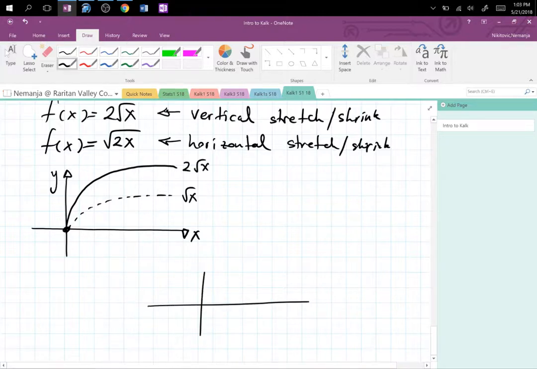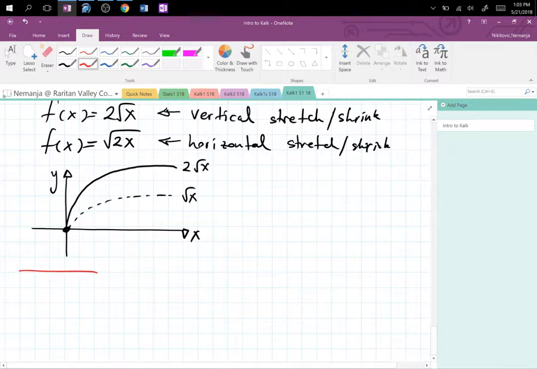If you have a sine wave, you can make that wave twice as large by multiplying it by 2, or you can make that wave faster, or you can make that wave slower. That's all done within these stretches and shrinks. So you can understand that.